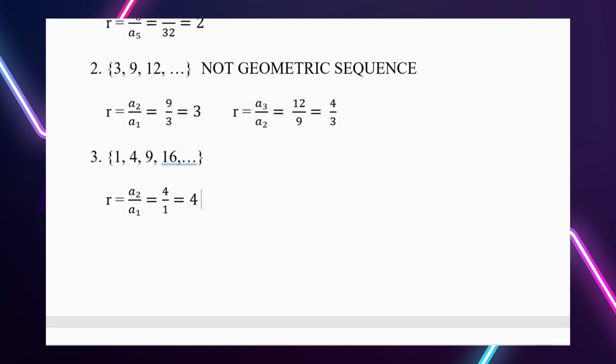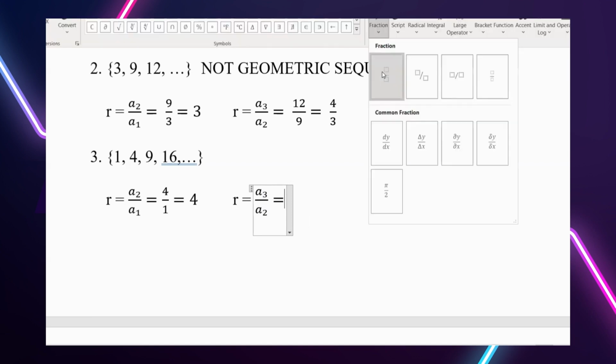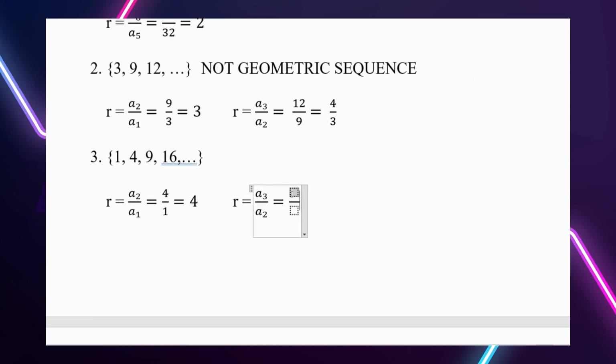Next, let us identify the ratio of the third term and the second term. So the value of the third term is 9. And the value of the second term is 4. So 9 divided by 4 is still 9/4.